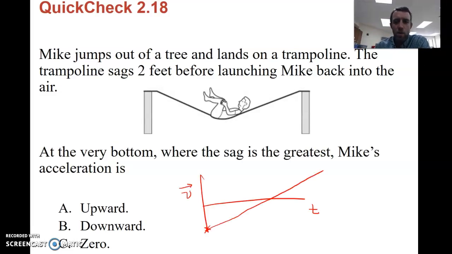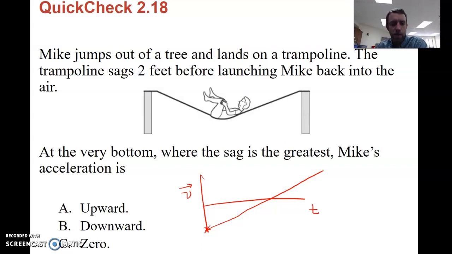All right, so I've just drawn this graph here, and this is when thinking about how he falls. When he hits the trampoline, he starts to slow down. He's moving really fast, and he's moving down, which we say is the negative direction. So he starts off with a very high negative velocity.